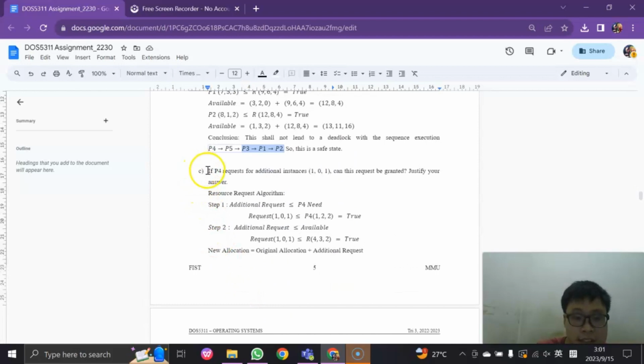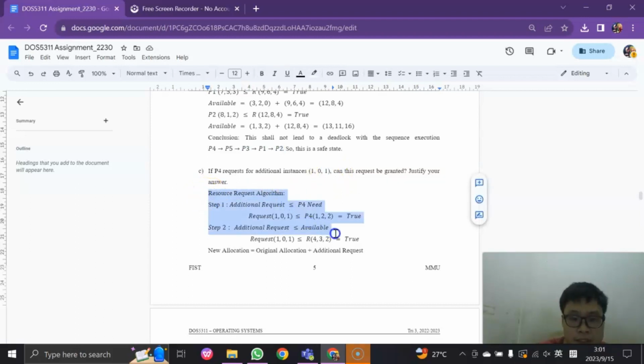Last question. If P4 requests an additional instance 1 0 1, can this request be granted? Justify your answer. First, you might use the resource request algorithm. Step 1. The additional request must be less than or equal to the P4 need.